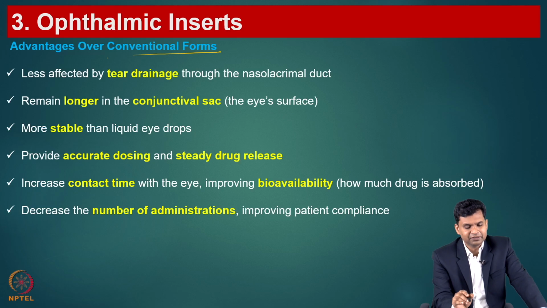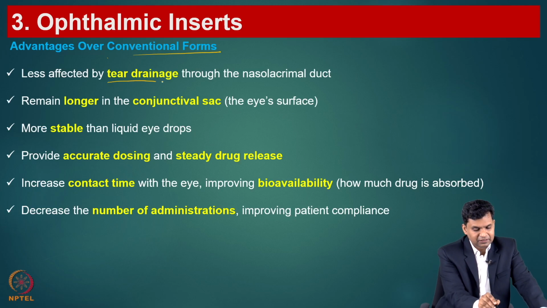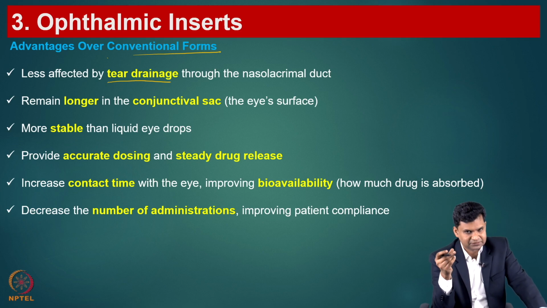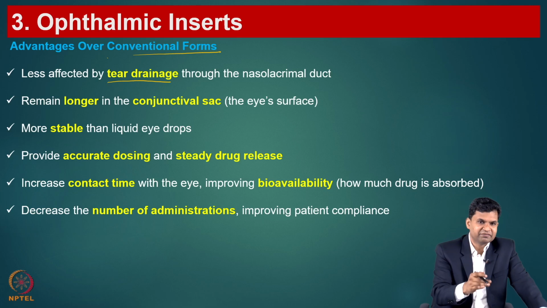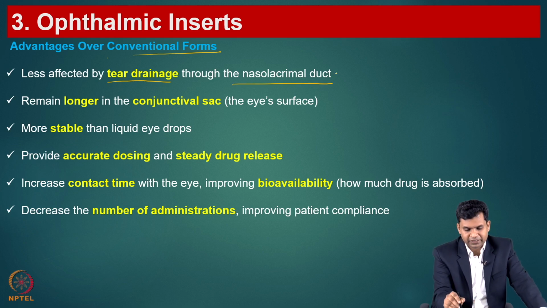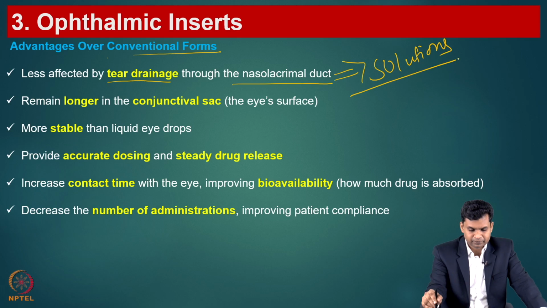Less affected by tear dryness, because we are taking the insert and placing it into the eye. So, when you compare with solutions, definitely the loss of the dosage form will be very less. This is a common problem in ophthalmic solutions. So, that can be overcome by using ophthalmic inserts.